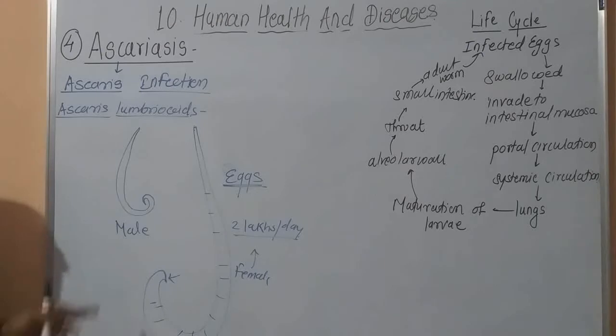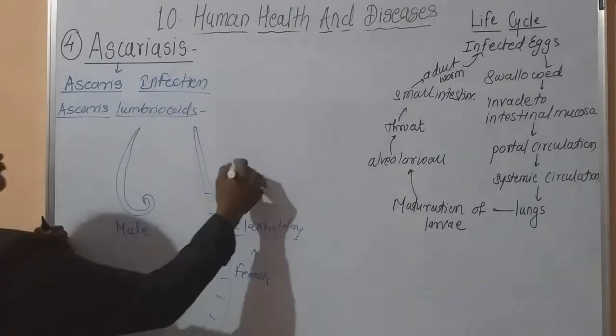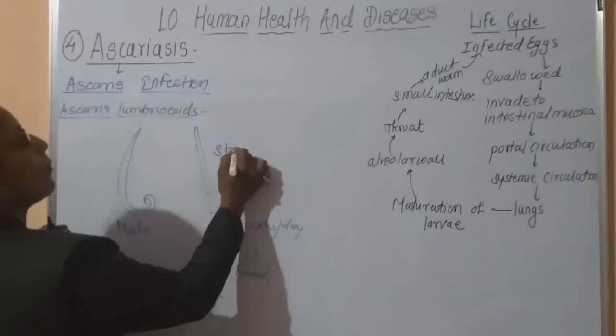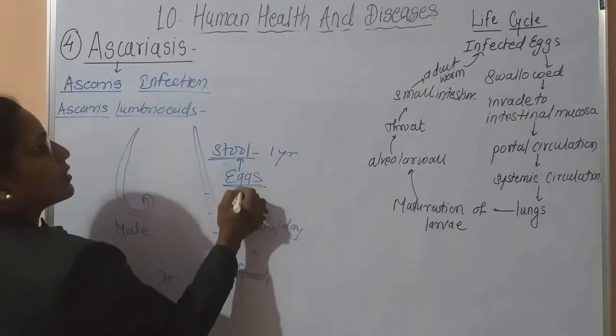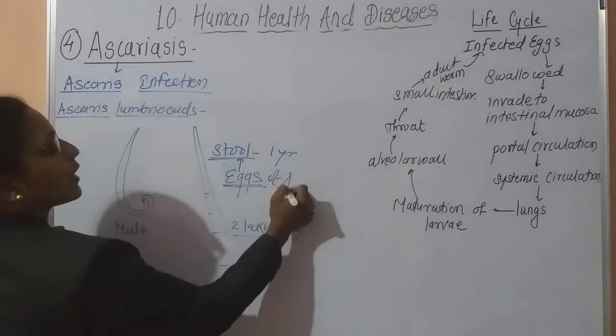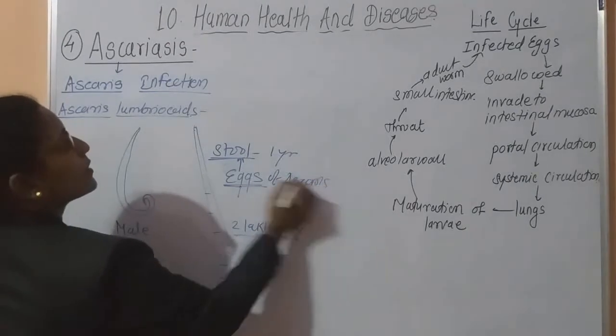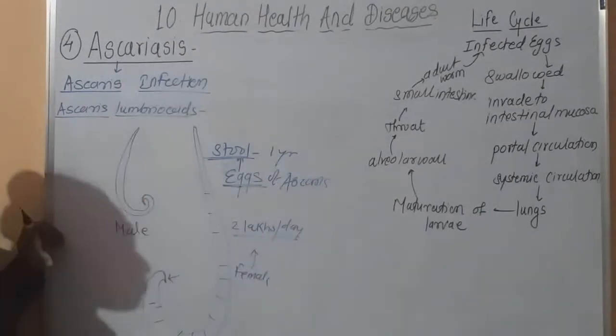Mostly those persons who suffer from Ascaris, in the stool, that is fecal matter, for about 1 year, these eggs of Ascaris are present in the stool of the person.